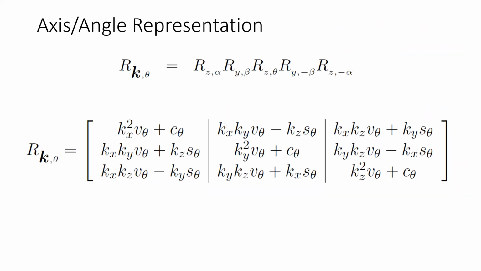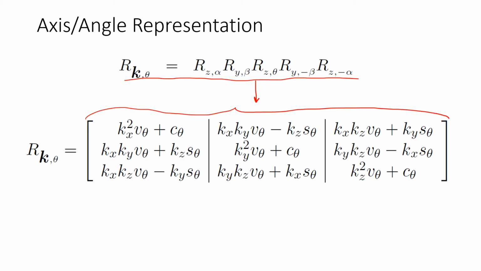So after a bit of manipulation, you are going to find out that this expression is going to be transformed into this big matrix. And this is defining the rotation about an arbitrary vector k by theta.